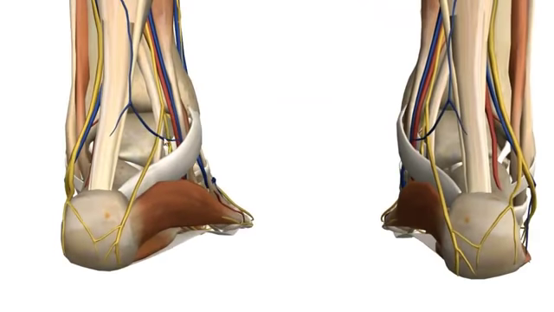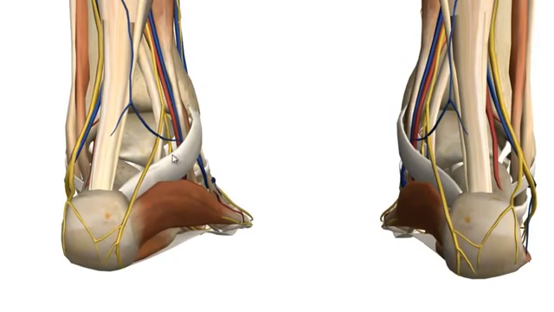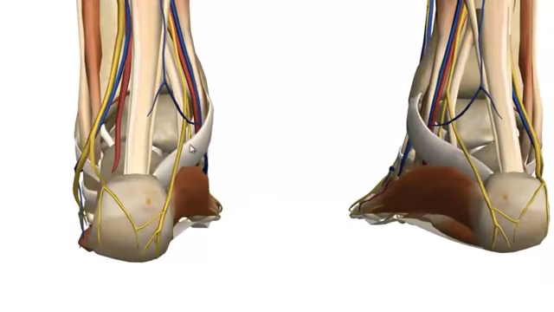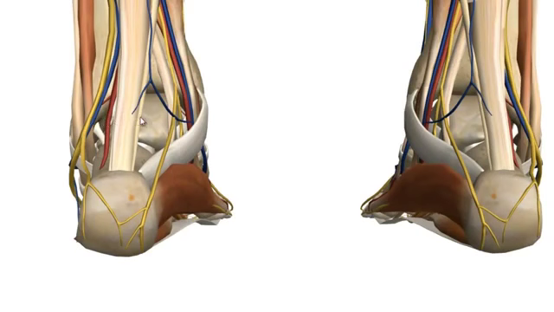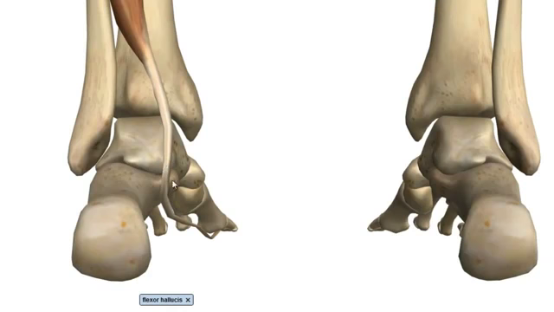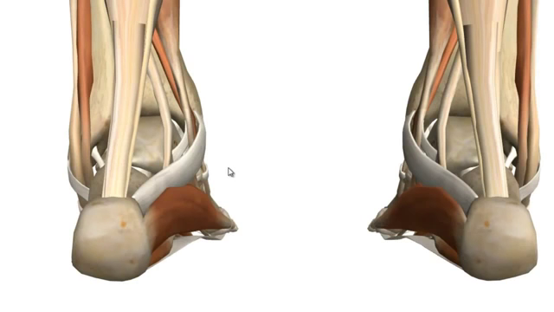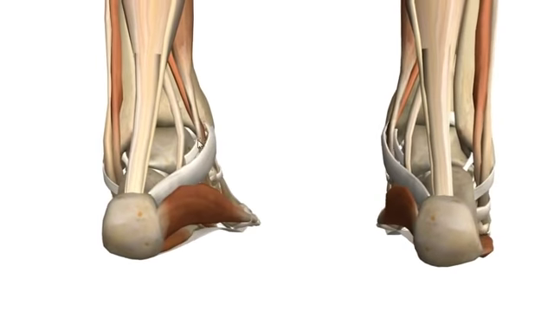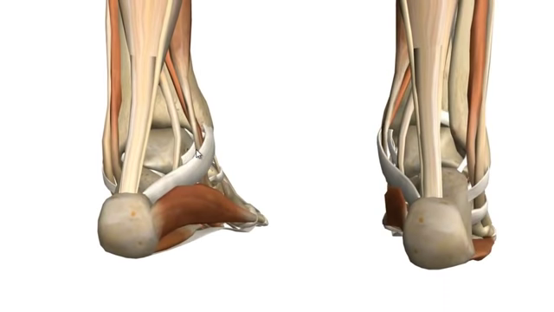This lies most posterior and laterally, and it runs behind the talus and then under that shelf of bone on the calcaneus, the sustentaculum tali. You can see that there, just running under that shelf of bone. So that's the flexor retinaculum and the tarsal tunnel and the contents of the tarsal tunnel, which is quite important to know.